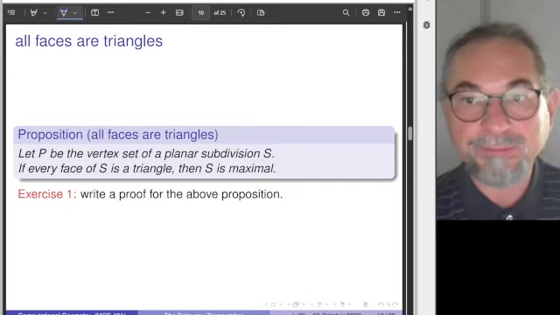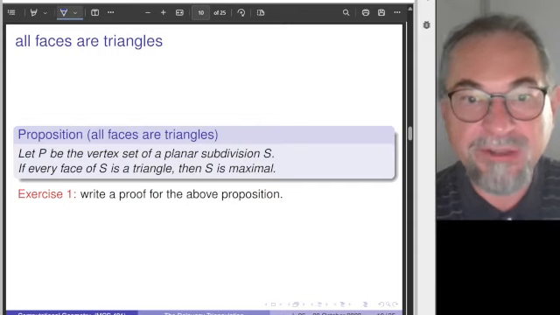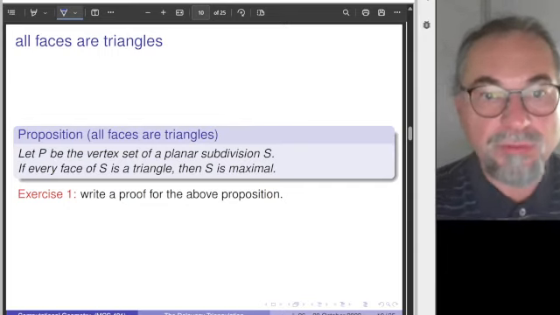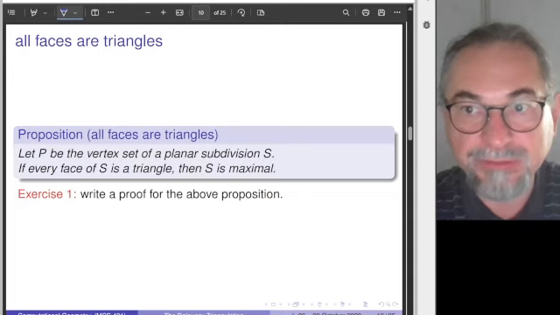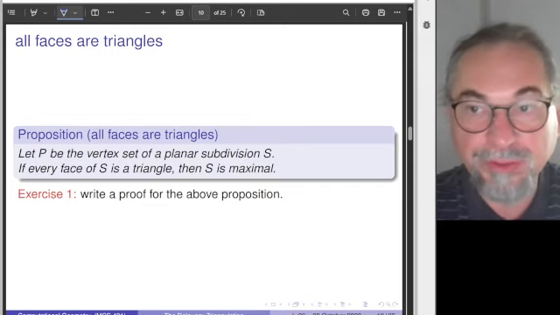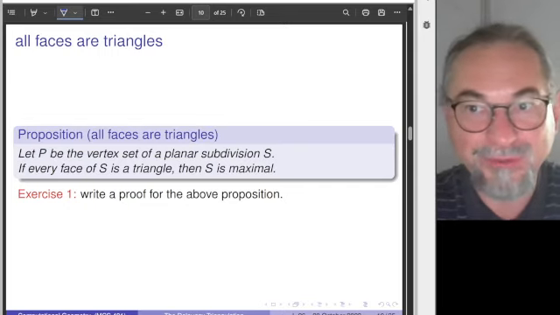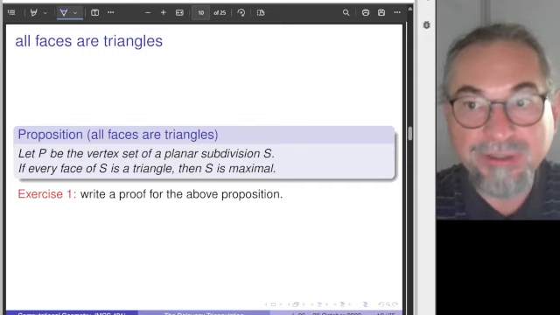In proving the above proposition, that's the exercise, you have to write down in your proof what it means to be maximal for a subdivision. A subdivision is maximal if, when you add one more edge, choosing whichever pair of vertices you want, it should be an extra edge.